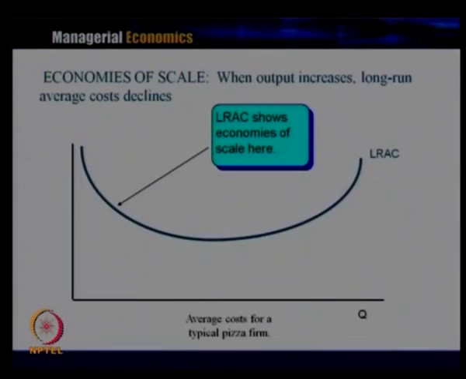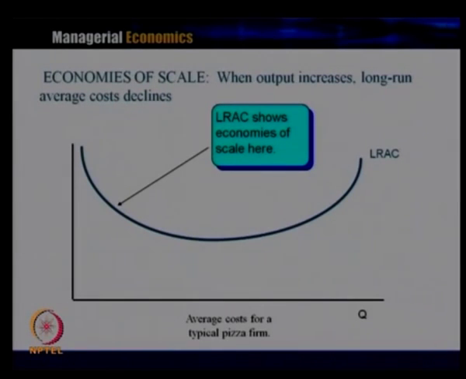What is the meaning of economies of scale? When output increases, the long run average cost decreases, and that is the reason the curve is decreasing at the initial stage, because of economies of scale.